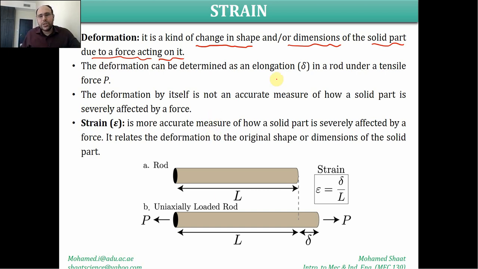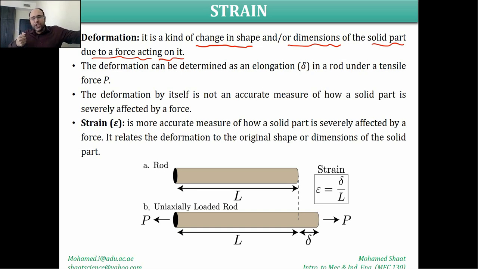The deformation can be determined as an elongation. This is one of the forms, one of the examples. There are lots of forms and types of deformations. The simplest type is that you have this rod or this stick, and for some reason you are going to apply a tensile force. Tensile force means that you're just going to try to stretch this bar. So once you apply a force, this bar is going to elongate.